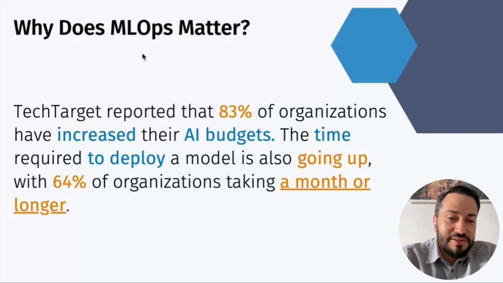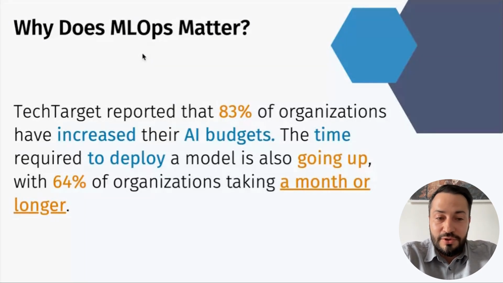But the interesting thing is that for all these organizations which are currently starting to use AI capabilities, their model deployment time increased to a month or even longer. It's actually more than 64% of organizations.